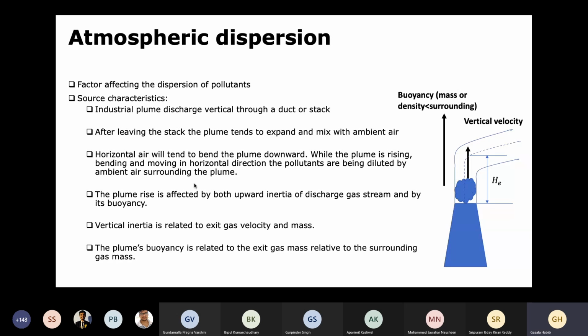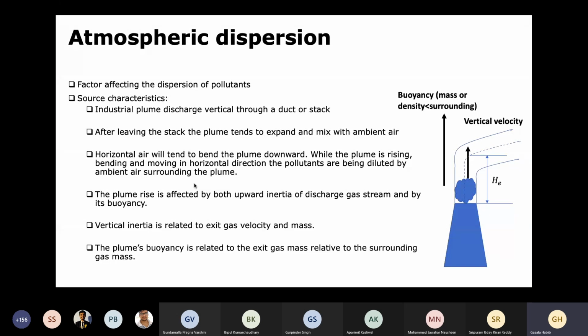So, first thing, as I said, the source would be the major factor, because the source which is emitting the various pollutants in the atmosphere, its characteristics is highly important to understand what kind of emissions are there, what is the quantity of each pollutant emitted by the source, and what is the velocity through which the emission is emitted in the atmosphere, and so on.